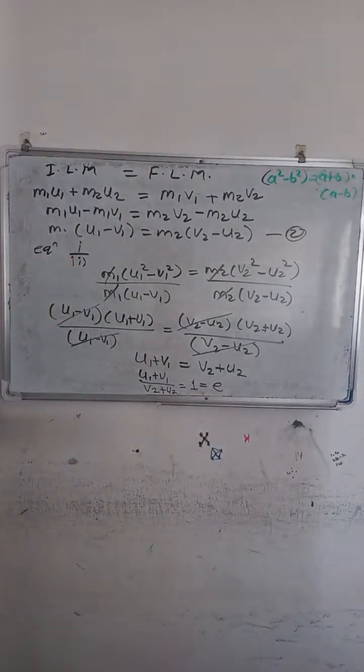So e is nothing but the coefficient of restitution, and this coefficient of restitution is defined as the ratio of relative velocity of separation to relative velocity of approach.